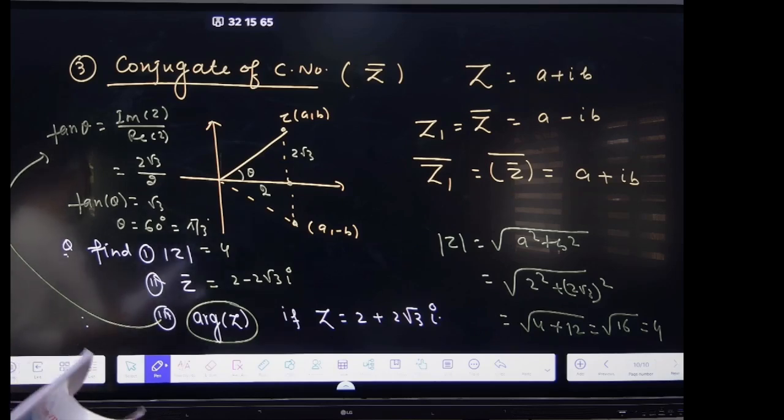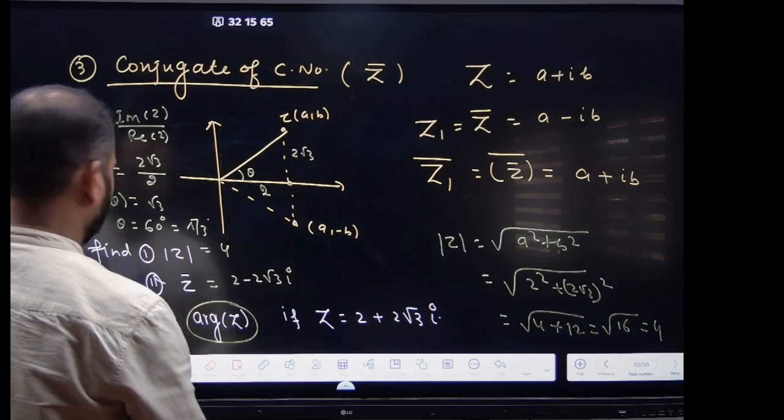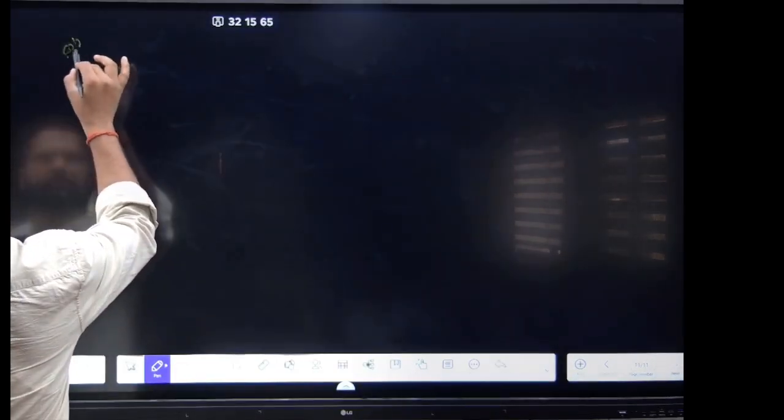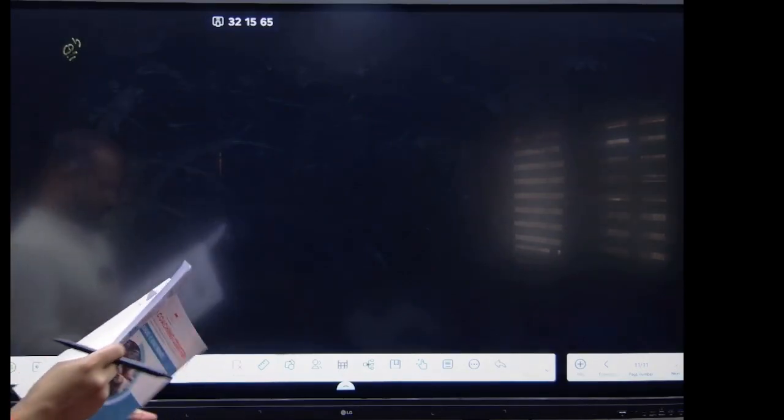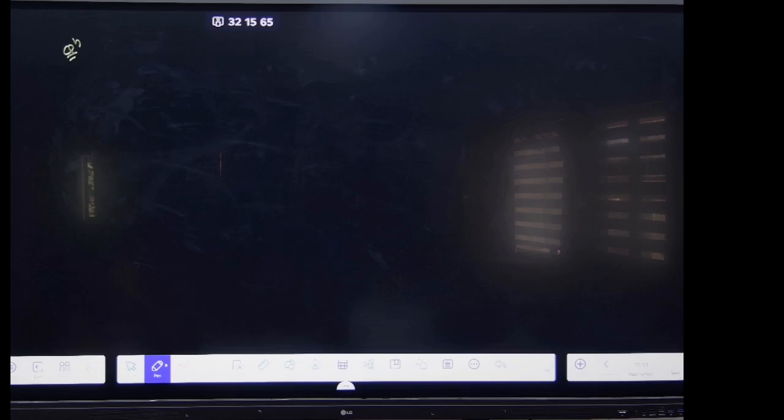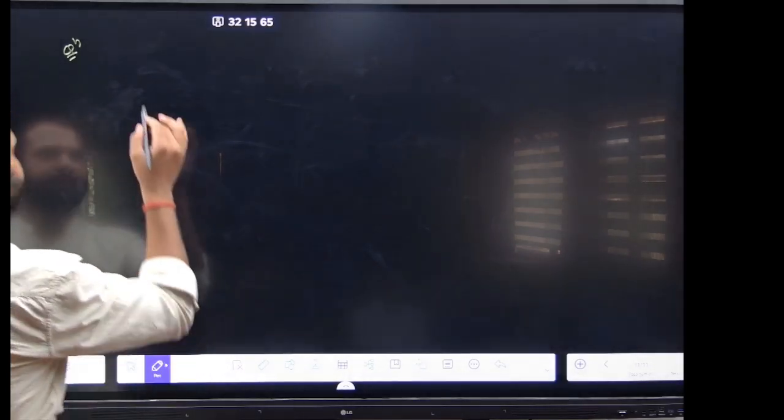Understood? Any confusion? Now, next you write down.